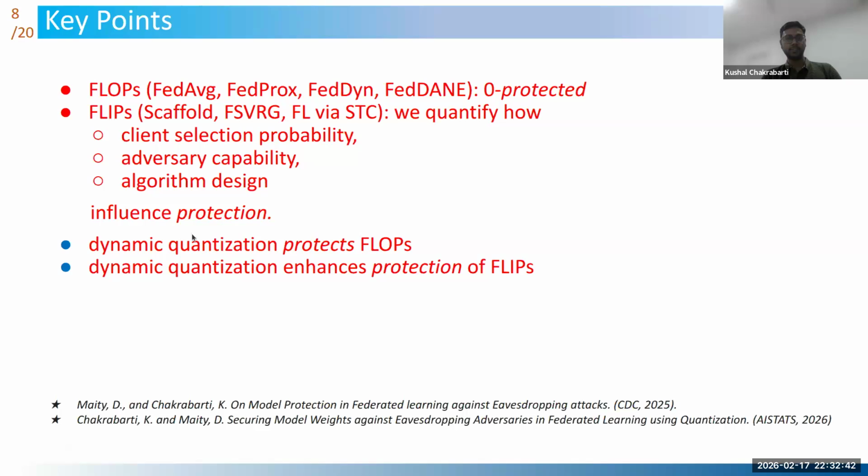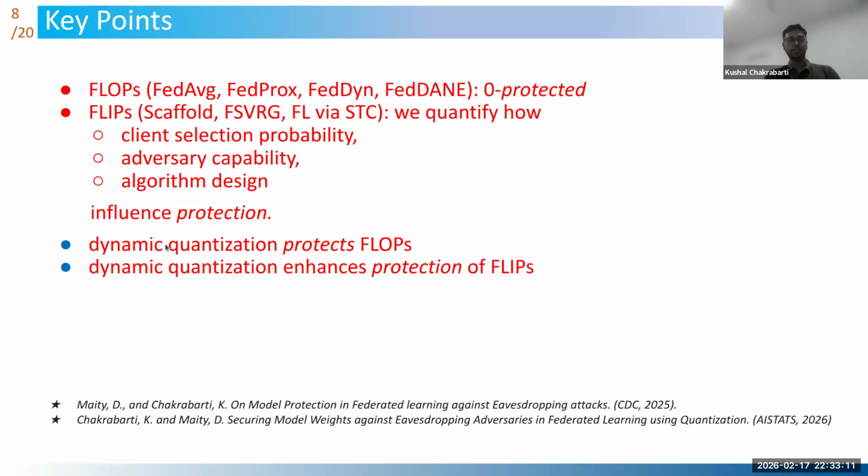So far there has not been any defense mechanism from the client side to improve this protection. I have only given the expression for the existing protection without any defense mechanism. Particularly because flop has been shown to be totally unprotected, can we increase this protection for flop and possibly also for flip?